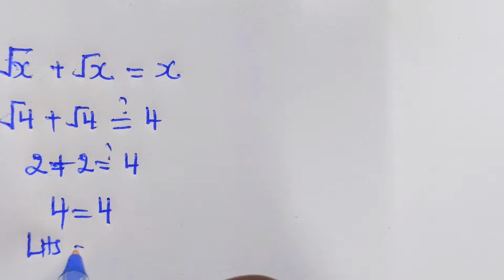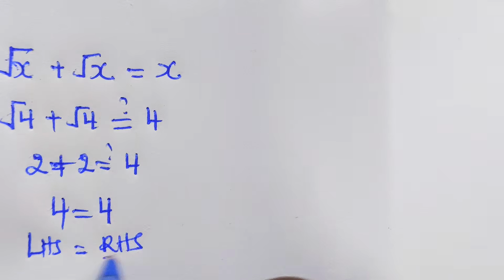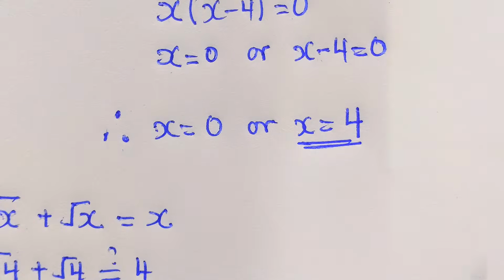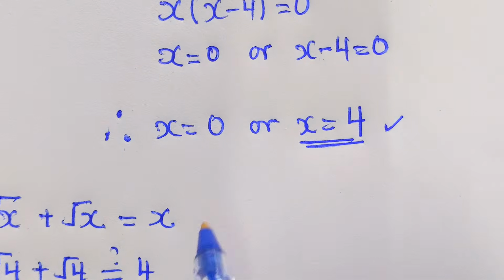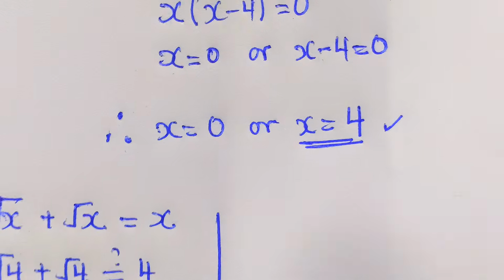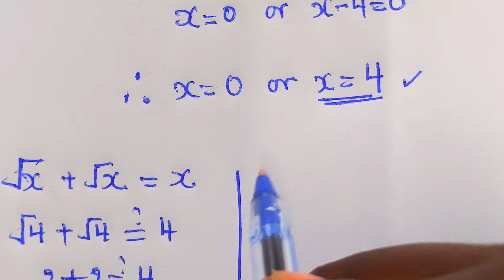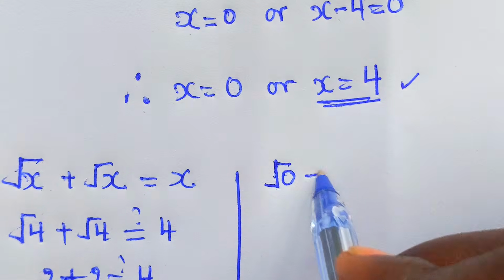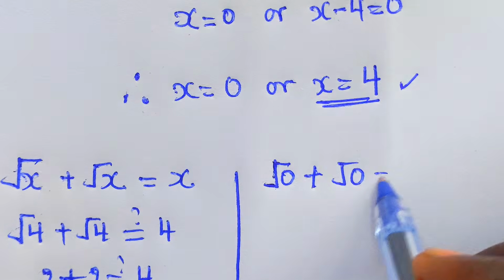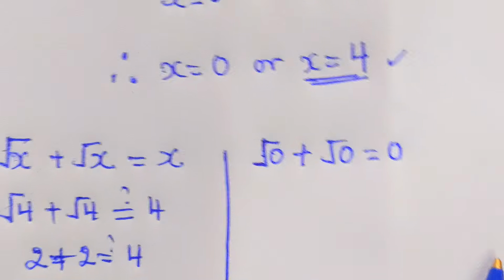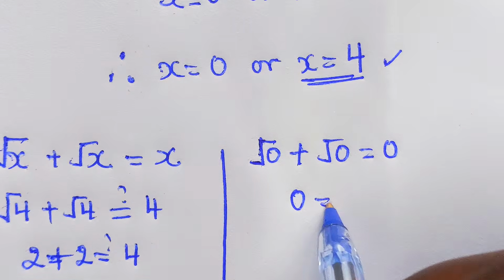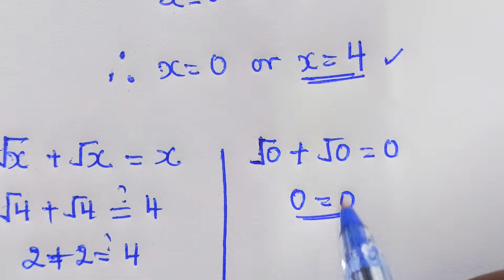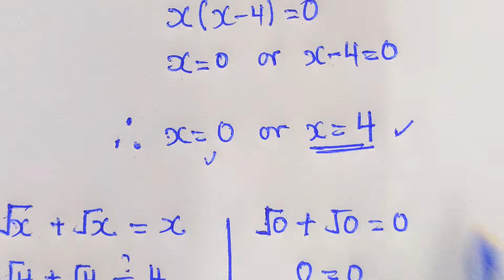Left hand side equals right hand side, meaning that this value is correct. Whereas right here we have square root of 0 plus square root of 0 equals 0, so that 0 equals 0, and this is a solution.